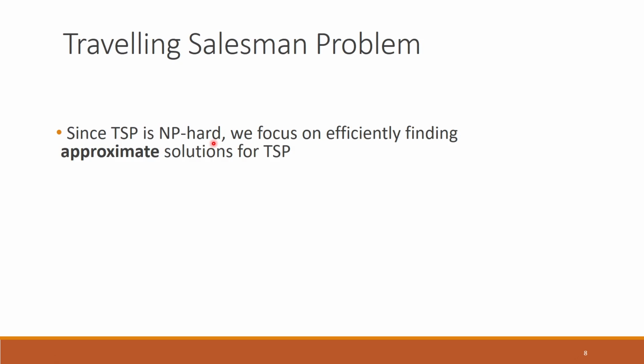There are no known algorithms which can find the optimal solution in polynomial time, which is a major result. Since it is NP hard, we cannot find the optimal solution, but what we can do is focus on finding approximate solutions in polynomial time. This is the best next thing that we can do here.